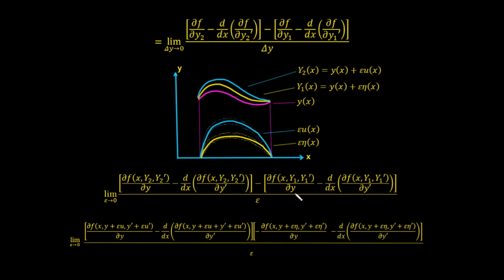So now we can actually rewrite this again, and instead of the y2 and y2 dash, we can put in the actual dependence on x. The dependence on x for this one up here is going to be partial f by partial f of x, and we would have y plus epsilon u, so that's our epsilon u here, plus y dash plus epsilon u dash, and the same for the y2 and y2 dash here.